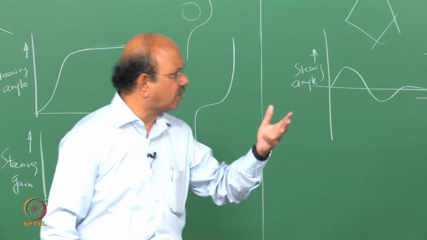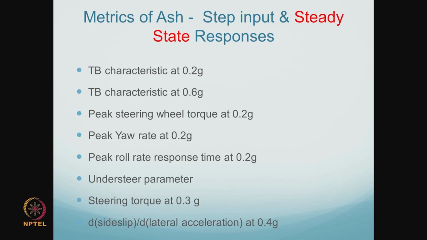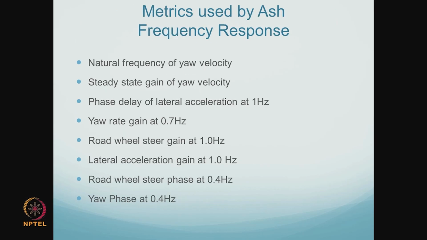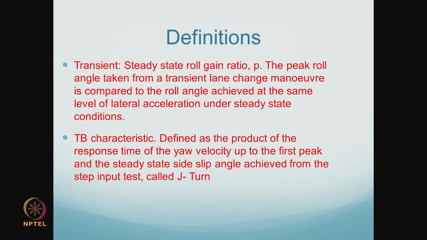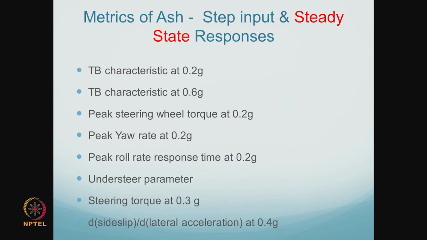Why is steering torque at 0.3 G important? Why are we suddenly looking at road wheel steer gain at 1 Hertz? And why D slip angle by D lateral acceleration, the slope of the slip angle to lateral acceleration, taken at 0.4 G? Why are they important? Not clear.